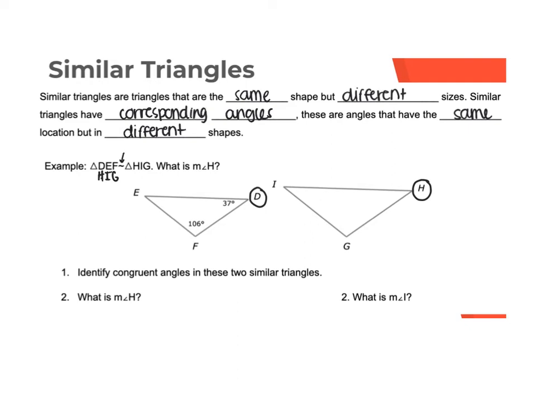So D corresponds to H, E corresponds to I, and F corresponds to G. So if the measure of angle D is 37 degrees, that means angle H must also be 37 degrees.